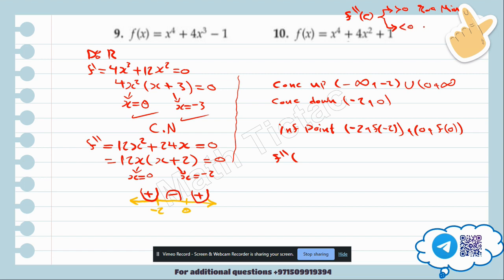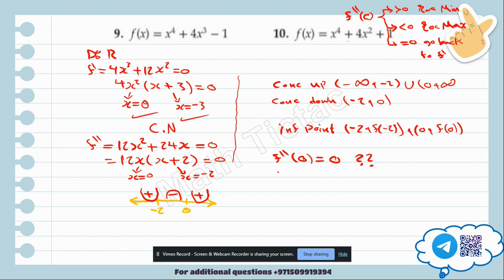If it's less than 0, that means you have a local max. Be careful, it's the opposite over here. And if it's equal to 0, go back to f prime. So here we have f double prime of 0. We substitute the 0 in f double prime, and this is going to be equal to 0. So I don't know if it's a local maximum or local minimum. They said if it's equal to 0, go back to f prime.